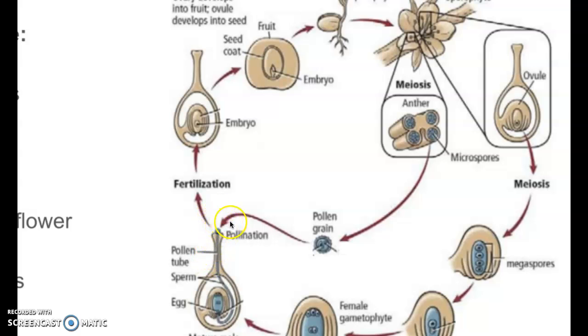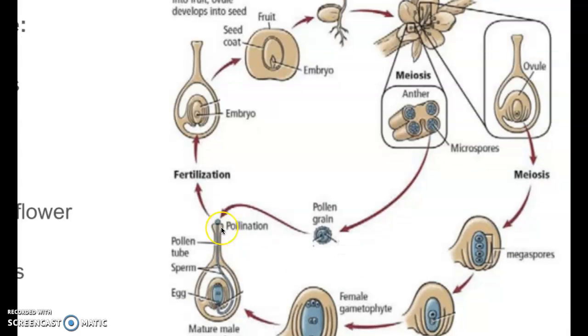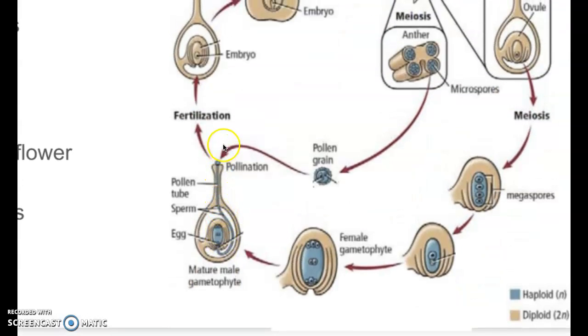I'm going to try to keep this very simple for you. There's a sticky material here that allows the pollen to come in and stick. This is a pretty complex process.